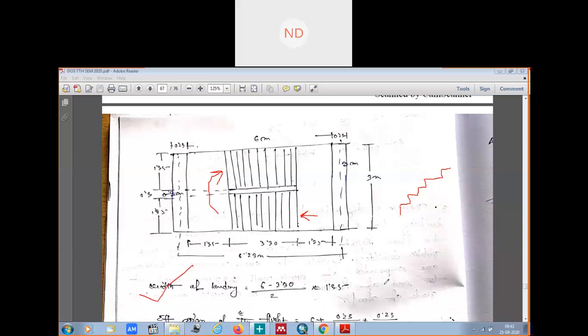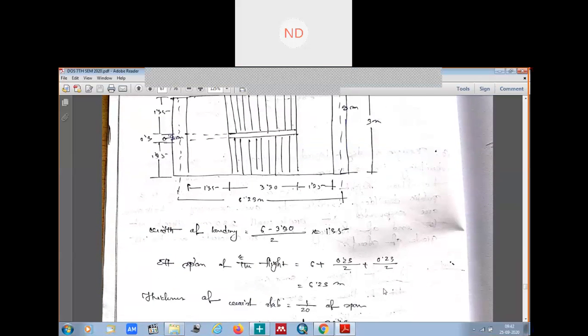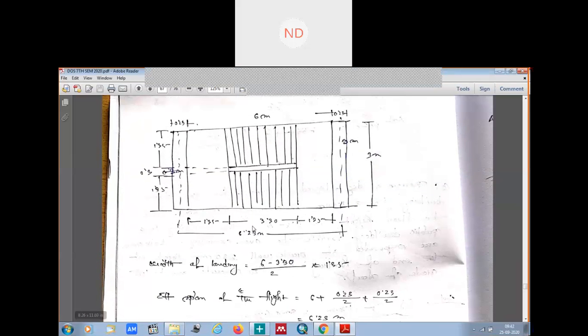One more thing: the effective span of the flight we had calculated is 6.23. Now the thickness of the waist slab: we used to take it from span/20 to span/25, anything we can take. Remember, the width of the landing is equal to the width of the stairs.